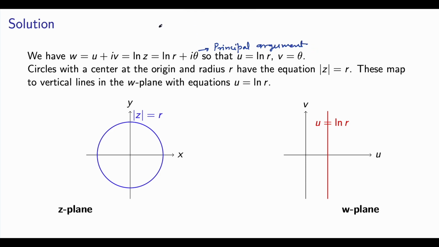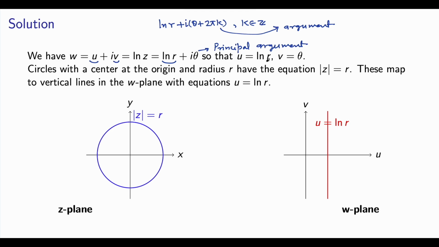You know the general form is ln of r plus i theta plus 2 pi k, where k belongs to integers, and this is your argument. When k equal to 0, we get the principal branch. In that case, comparing real and imaginary parts, we get ln of r equal to u and v equal to theta.